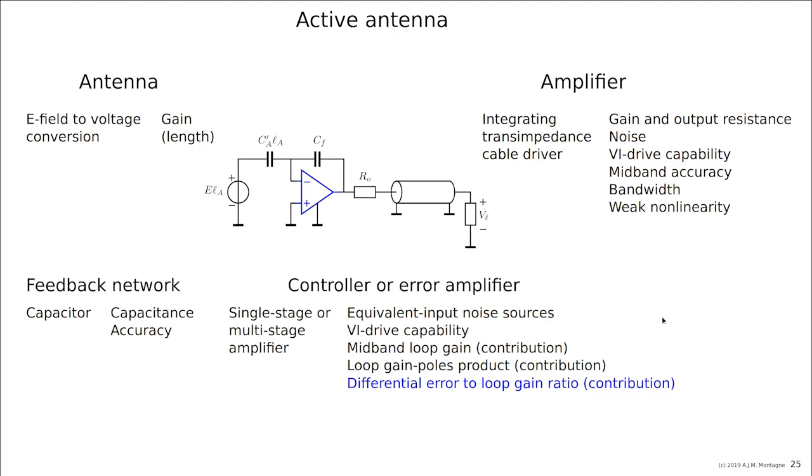And similar exists for the weak nonlinearity: the differential error to loop gain ratio, also explained with a feedback model. I think it is chapter 11 or so in the book. The contribution to that one has a relation to the weak nonlinearity. So you see, we find relations for the design of the controller in relation to performance parameters of the amplifier.